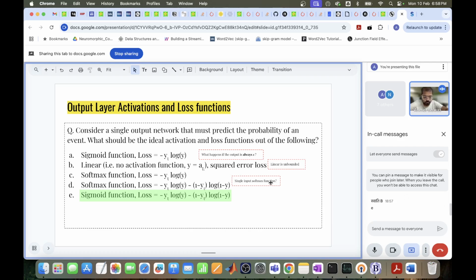And as for the other options, we can discount them quite easily. First of all, linear we cannot use because it is unbounded. Sigmoid function. So the problem with the sigmoid function is that it can get stuck in this situation where it defaults the output to 1, right?